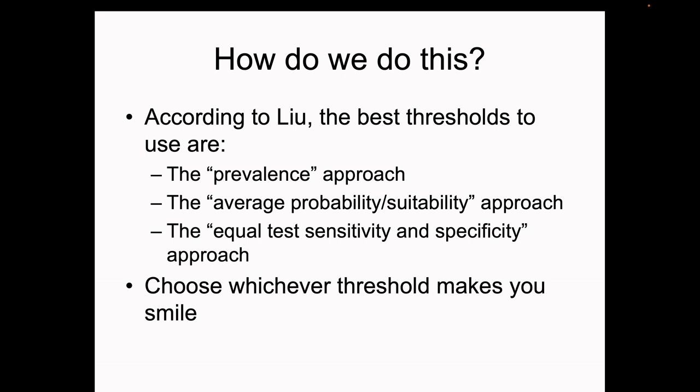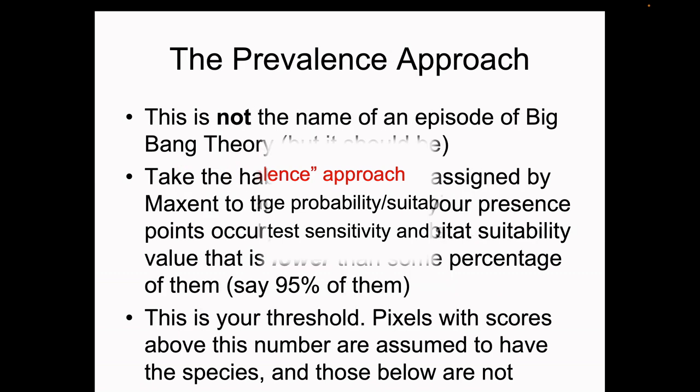But I'm just going to go over some of the more common thresholds. There's a prevalence threshold, there's an average probability suitability threshold, and there's an equal test sensitivity and specificity threshold. Different people disagree about which threshold you should use. It's a very thorny area.